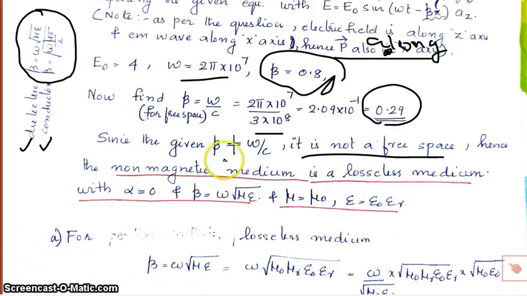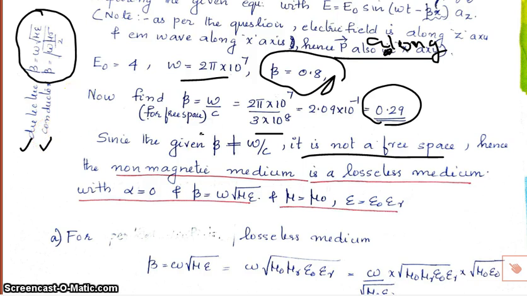So what I did is I tried to find out the beta value. The beta value of dielectric is not possible to calculate, and similarly that of conductor also, because we don't have enough parameters.